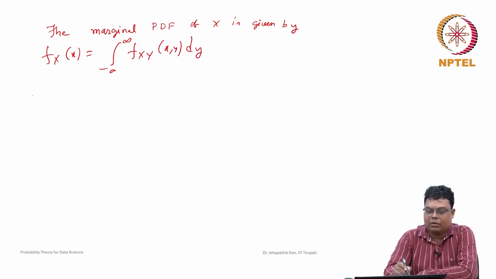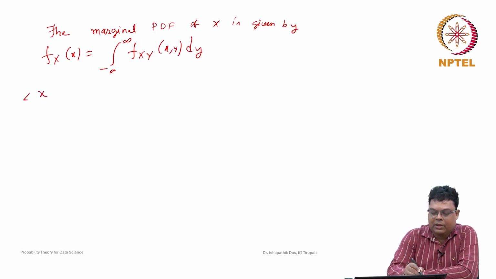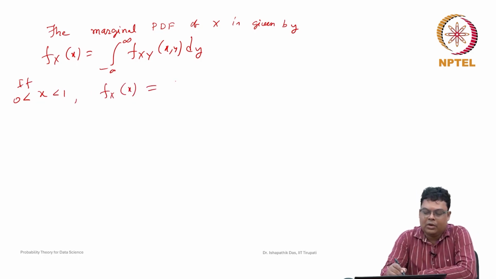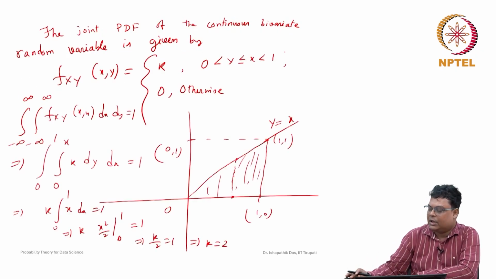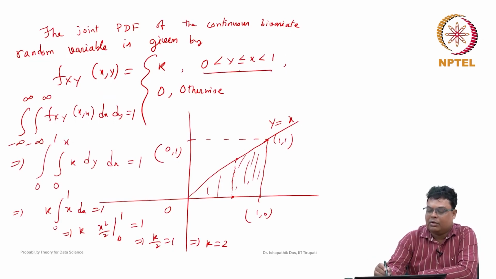It is non-zero only when x is between 0 and 1, otherwise the joint density is 0. For a particular x between 0 and 1, the limit of y is 0 to x, with k equal to 2.